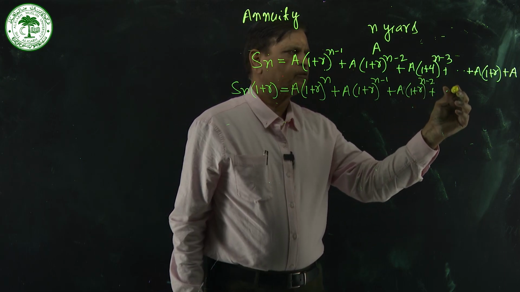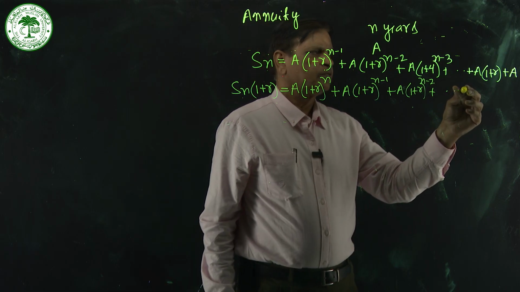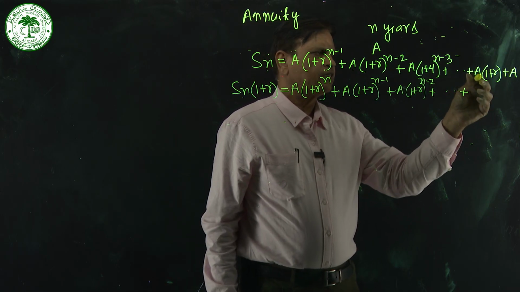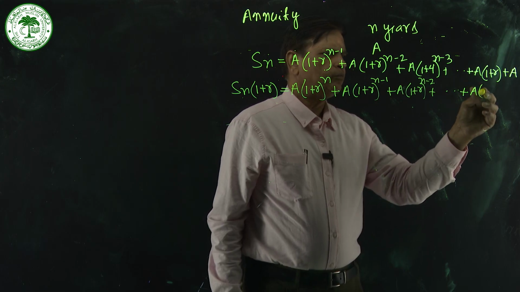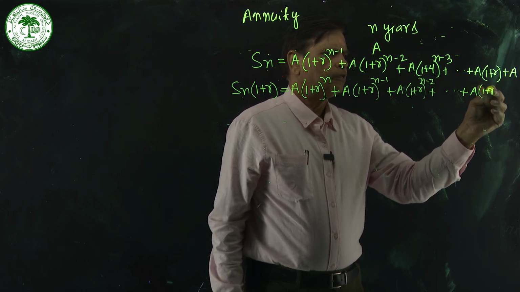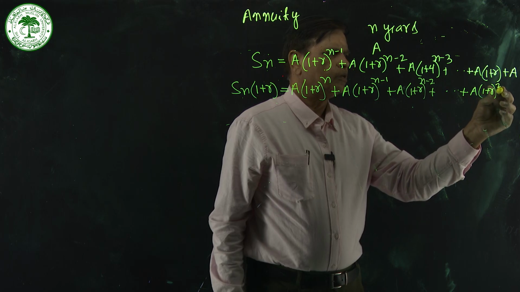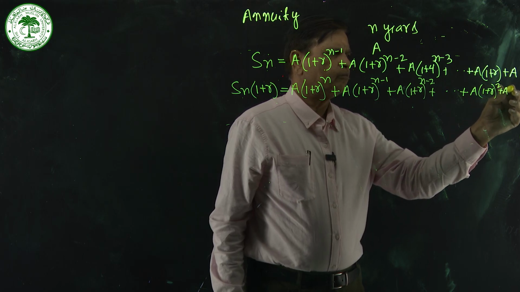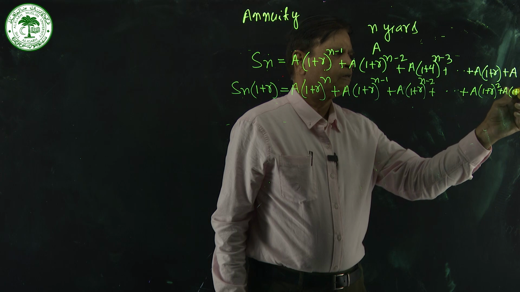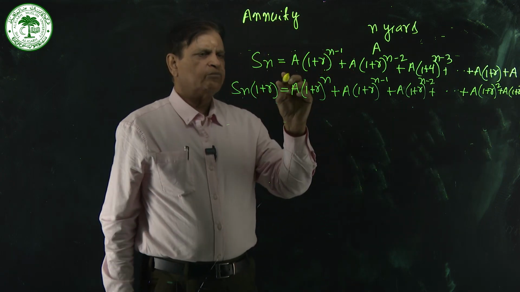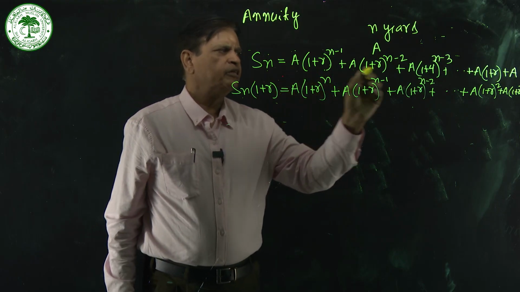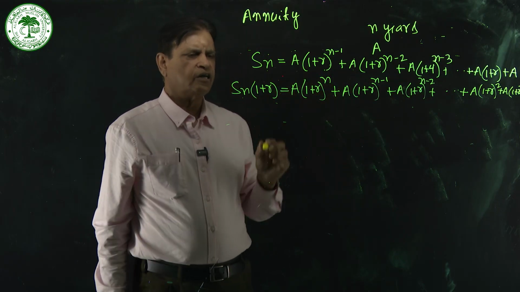And likewise this will go on, and the item just before the last term will be (1 + R)^2, and this last one will be (1 + R). So every term is multiplied by 1 plus R.